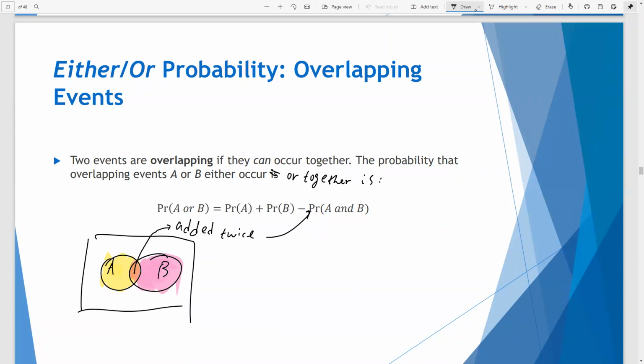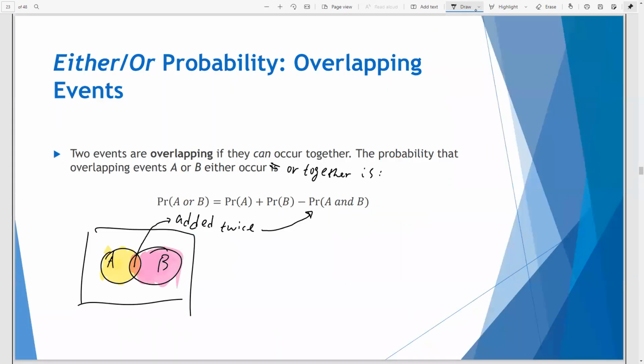So to be accurate, we need to take away one of the overlapping parts. Adding it twice in the middle is what makes the trouble, so to make it correct, just subtract another one.